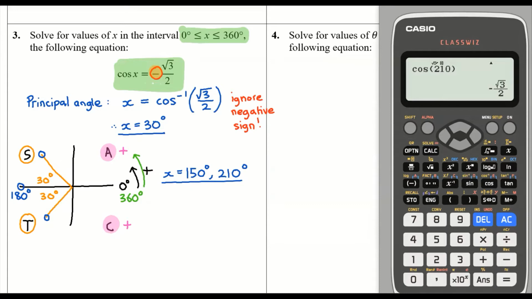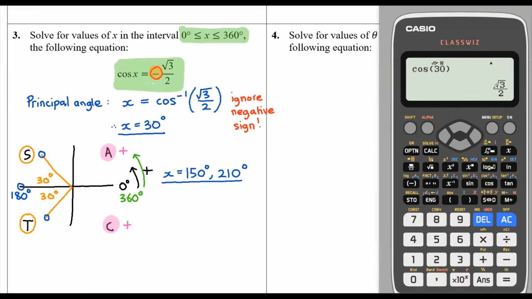Now, let's say, for example, you'd made a mistake. If you put it in the wrong quadrant, you would be doing the cosine of 30 degrees, okay, which gives you positive root 3 over 2. Now, notice the mistake here. That's not what we wanted. We wanted negative root 3 over 2, okay? So that would have been wrong. You'd be able to check on your calculator and see that you're wrong.